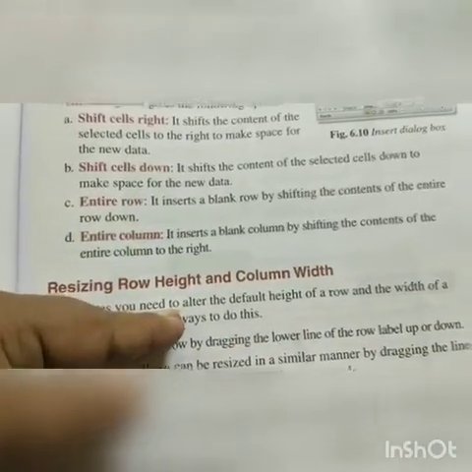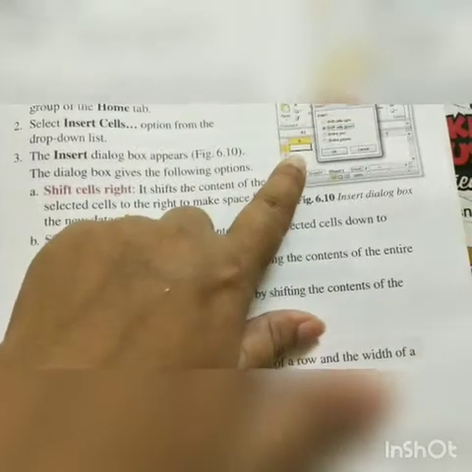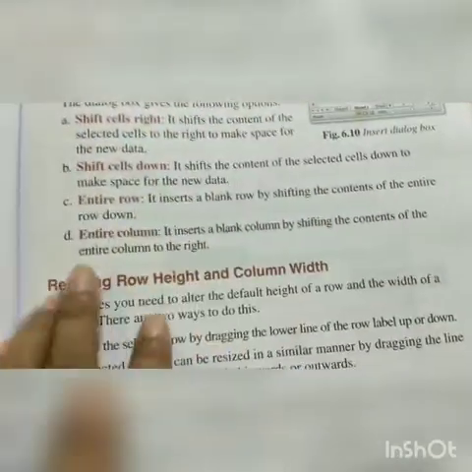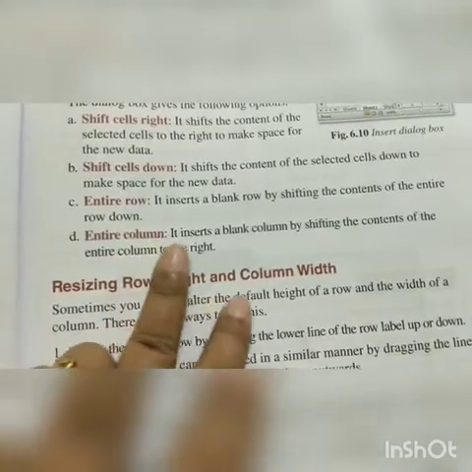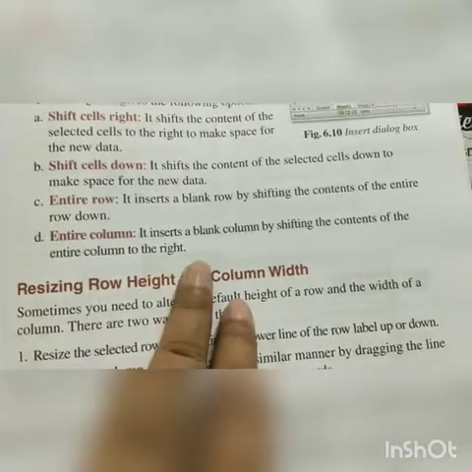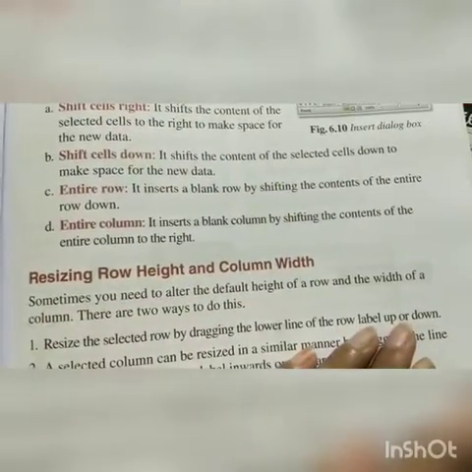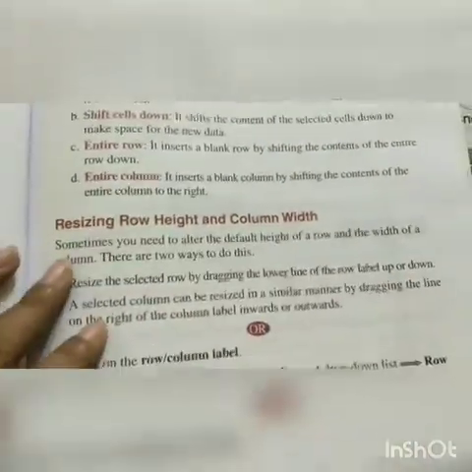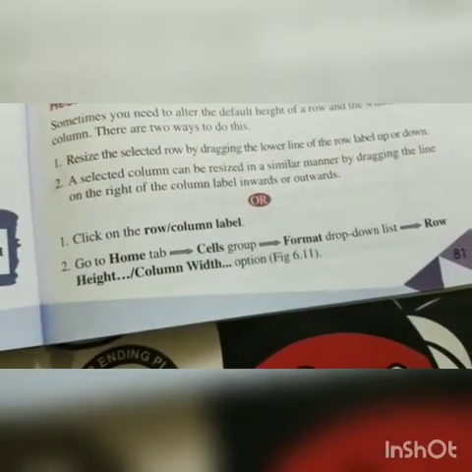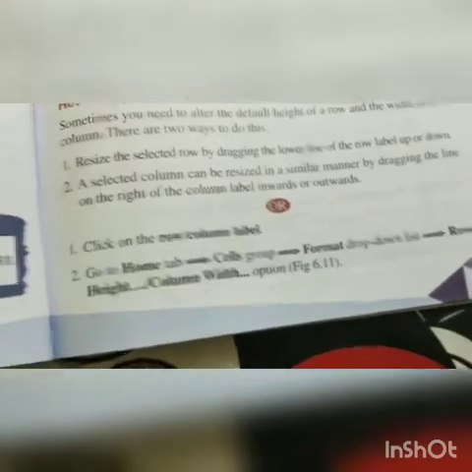Suppose you want one more row here, then whatever you have written here will come down. Entire column inserts a blank column by shifting the content of the entire column to the right side. So by following these steps, you can add cells in a worksheet.